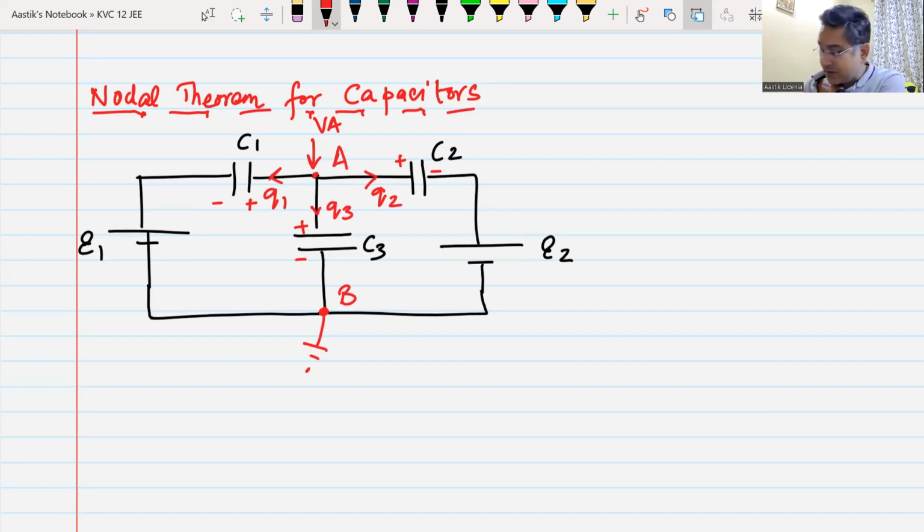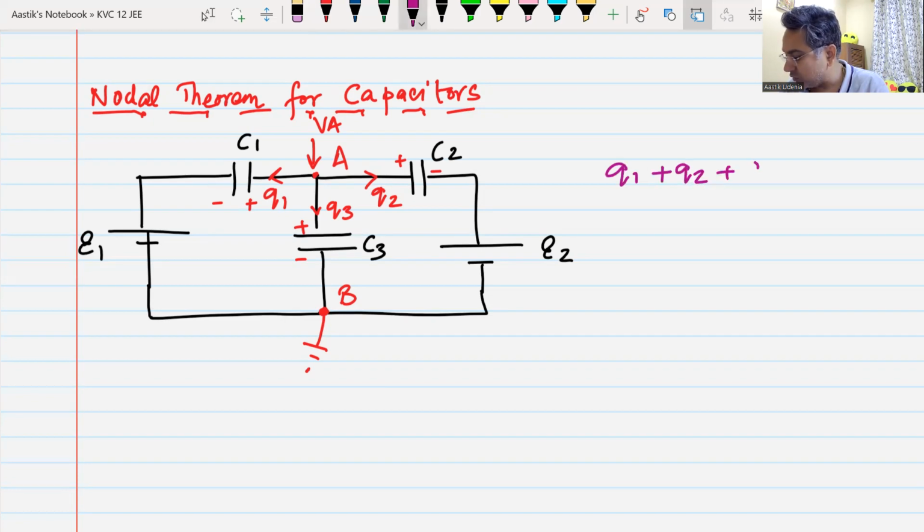Still the same concept comes: Q1 plus Q2 plus Q3 will be equal to 0. And then I will go in the different branches from A to B and find out the value of Q1.